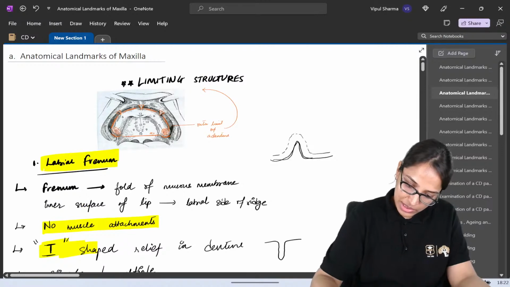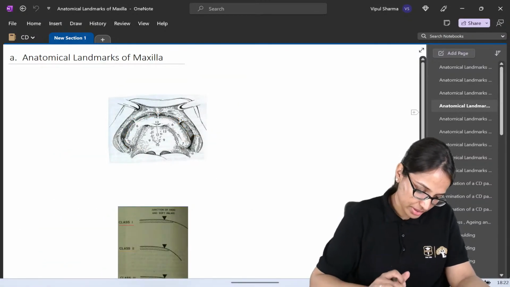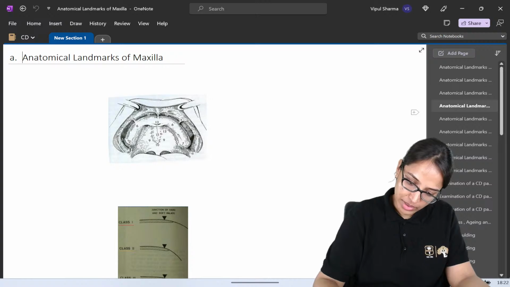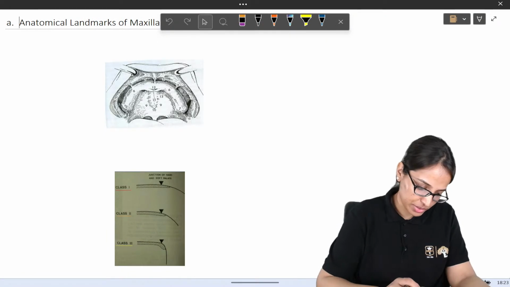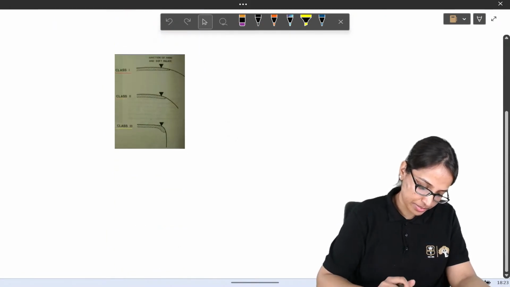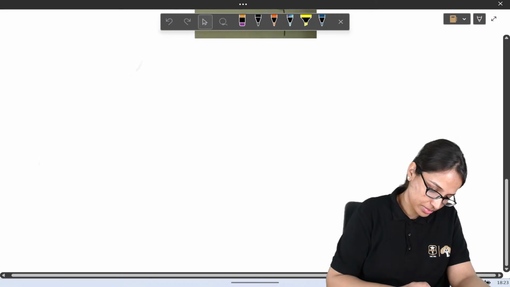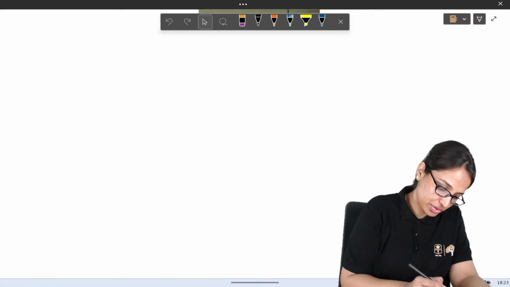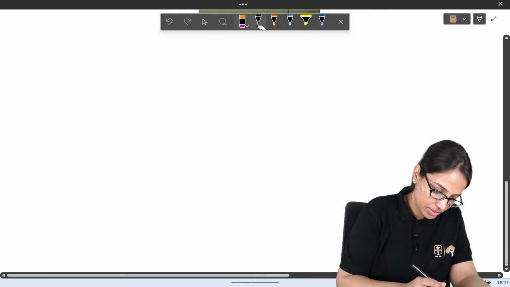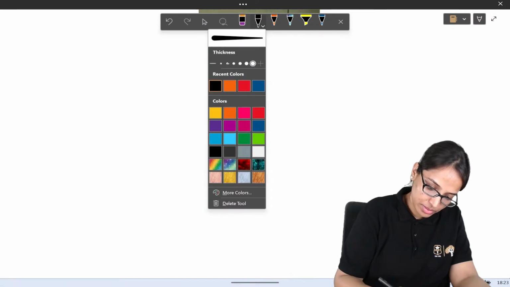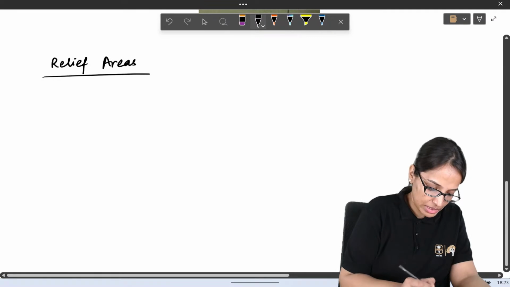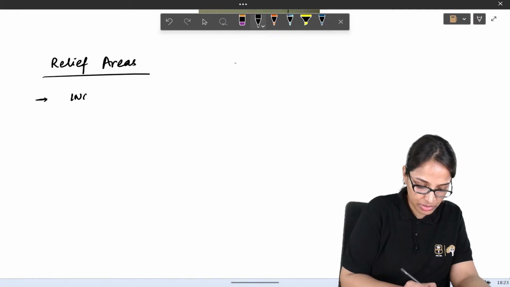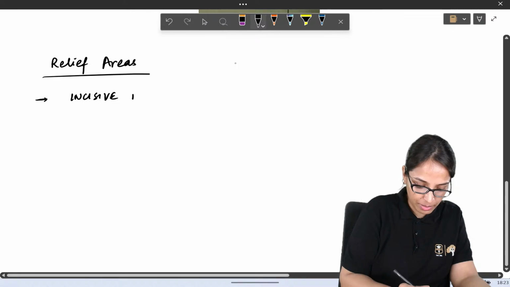Now we will see the next part, your relieving structures, and then we'll discuss other aspects of the maxilla. Relief areas: the first one is called the incisive papilla.